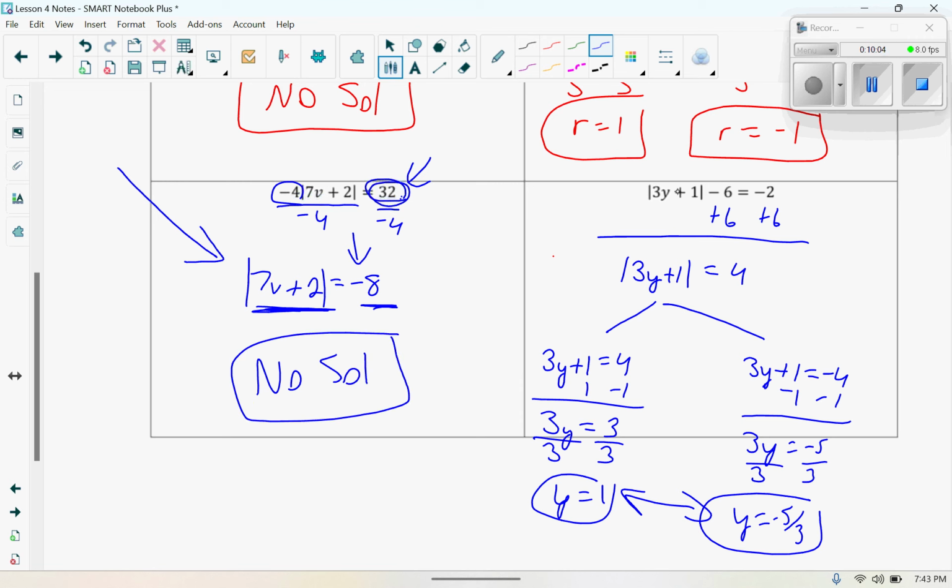Over here, I started out with a negative, so it's likely for you to think, oh, nope, I can't do it. But when I added 6, it actually ended up with a positive number. So it's at this point that you decide whether or not you can go on. In this case, I have the absolute value of 3y plus 1 is equal to positive 4, so I can go ahead and split those up and get my answer.